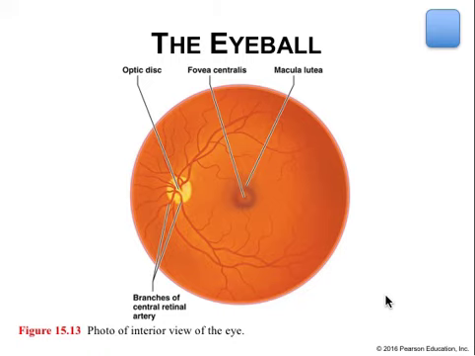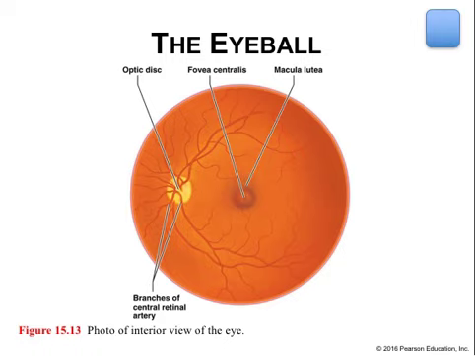Now when we talk about the superficial layer, it's going to be the part of the retina that's closest to the choroid. Okay, so keep that in mind. The deep layer are the photoreceptor cells that form the optic nerve, and the photoreceptor cells are found in the retina. They detect and transduce light into electrical signals.